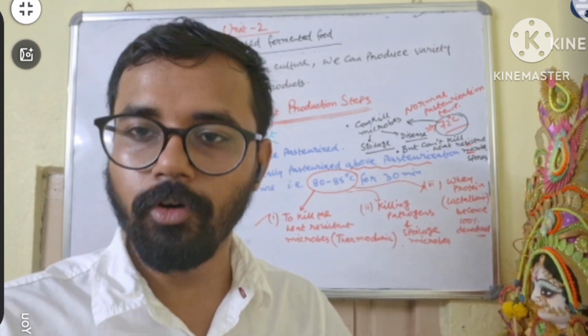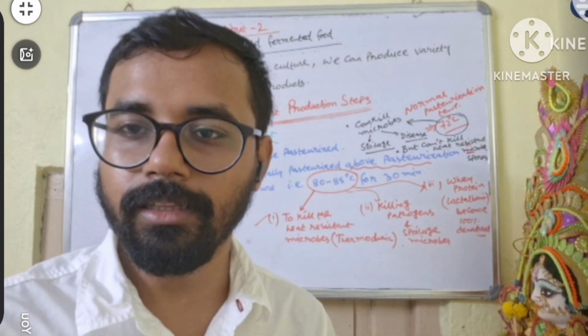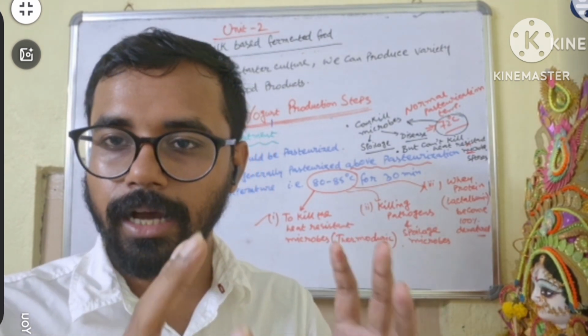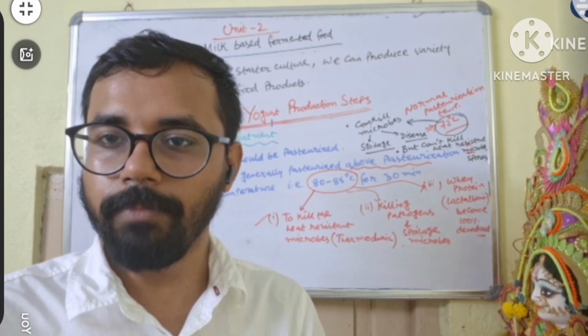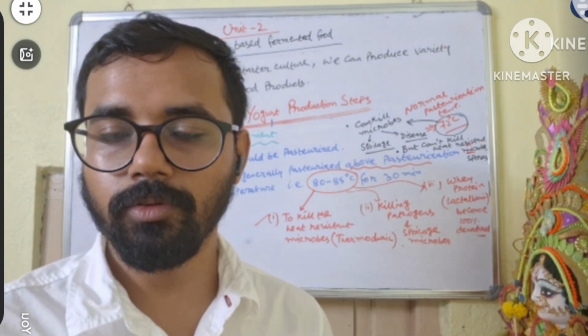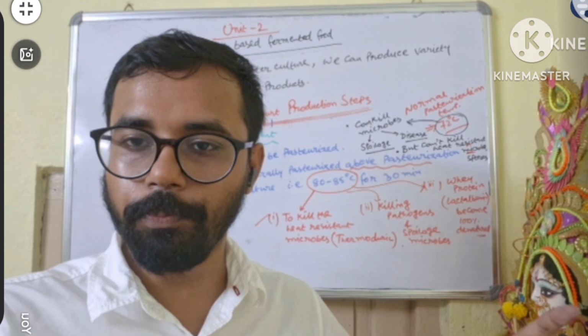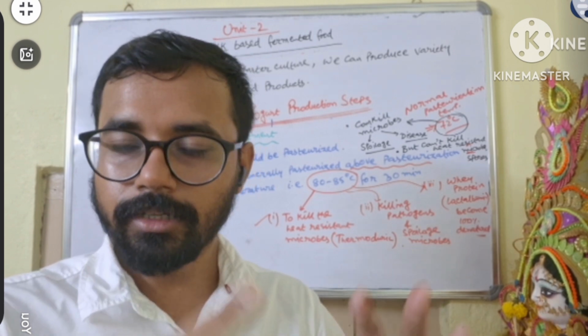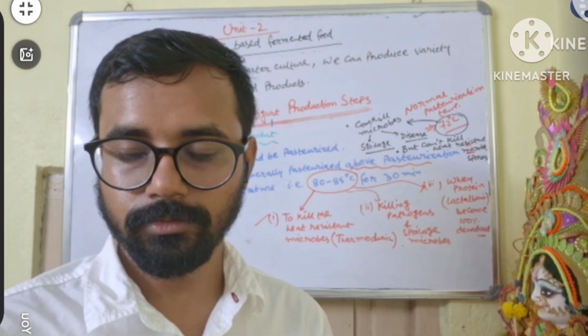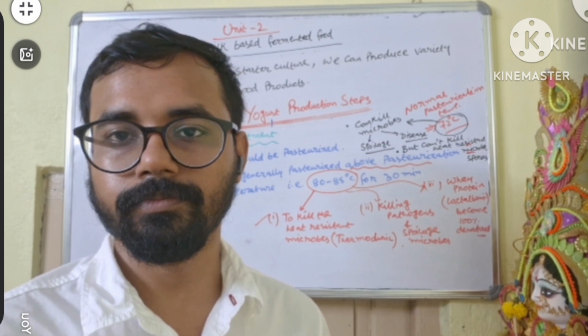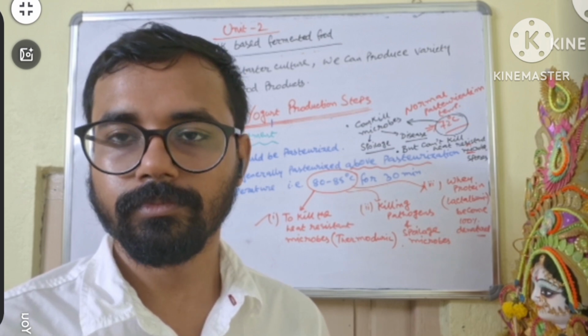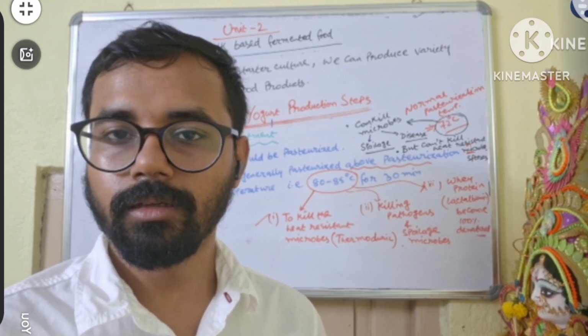If the structure becomes open, the gel formation, the curd formation or the yogurt formation is much thicker. Yes or no? What do you think? If the structure is open, it creates more gel. Clear? Clear my point?